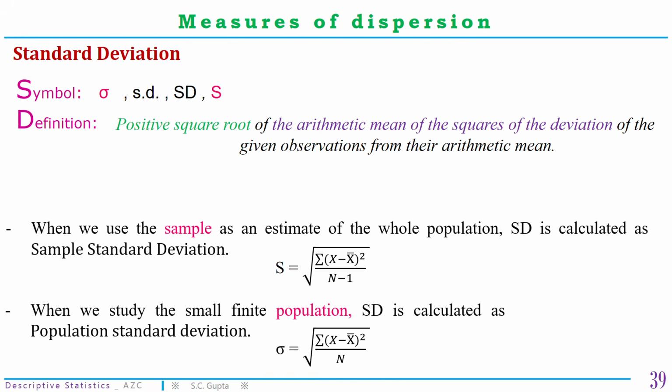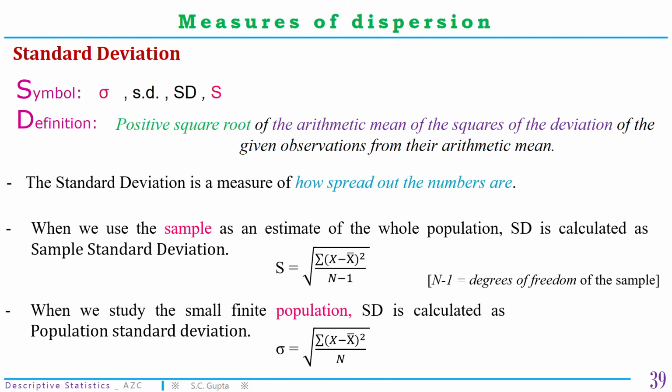When we study a small finite population, SD is calculated as population standard deviation, symbolized as sigma, which is equal to the square root of sigma of (x minus x bar) whole square upon n. The standard deviation is a measure of how spread out the numbers are.